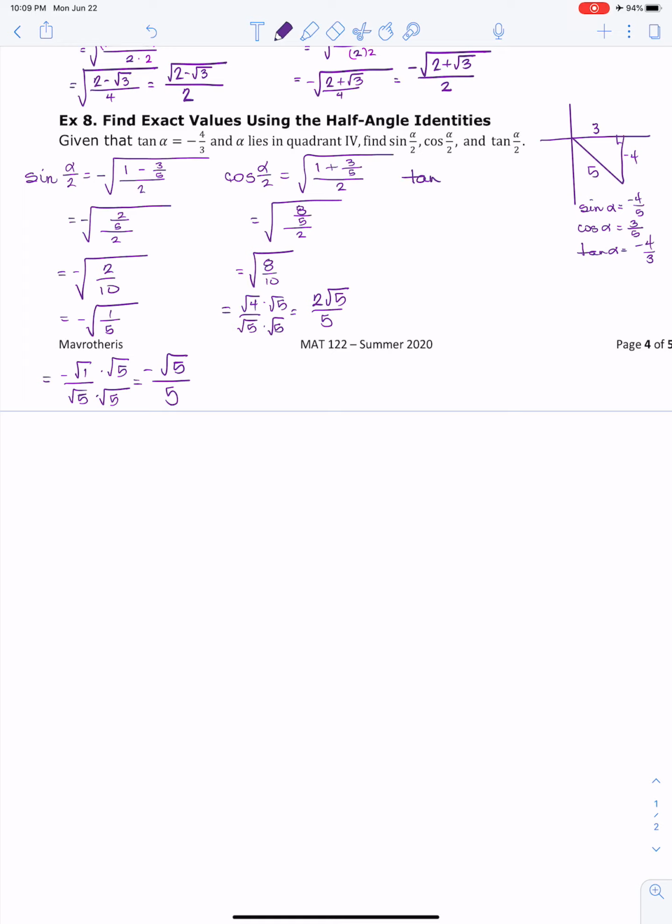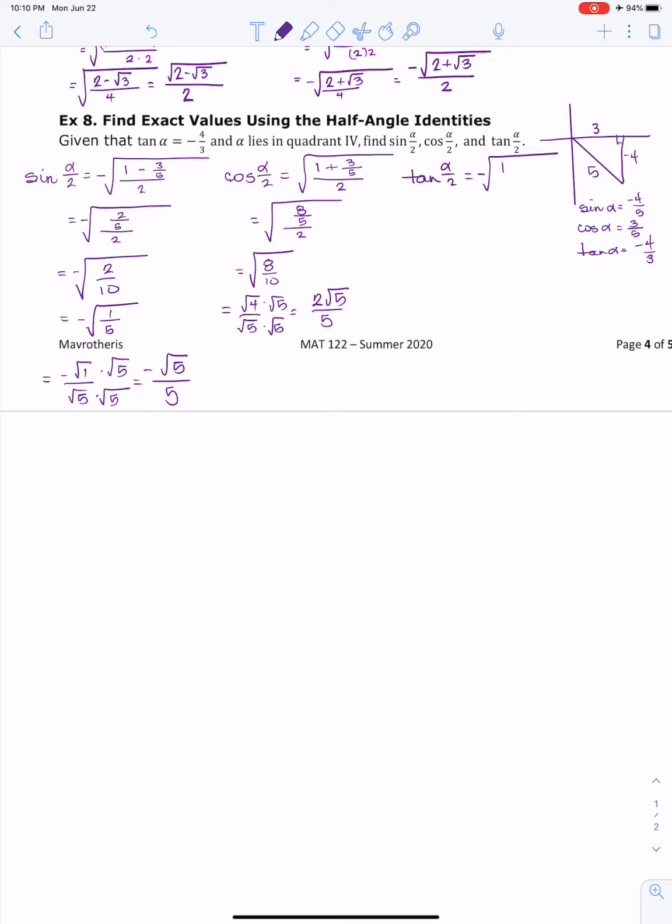Last one on this page, tangent of alpha over 2. So here's the thing. I've got cosine. Might as well use that. So we are going to go with square root. We're in the fourth quadrant, so the tangent's got to be negative.